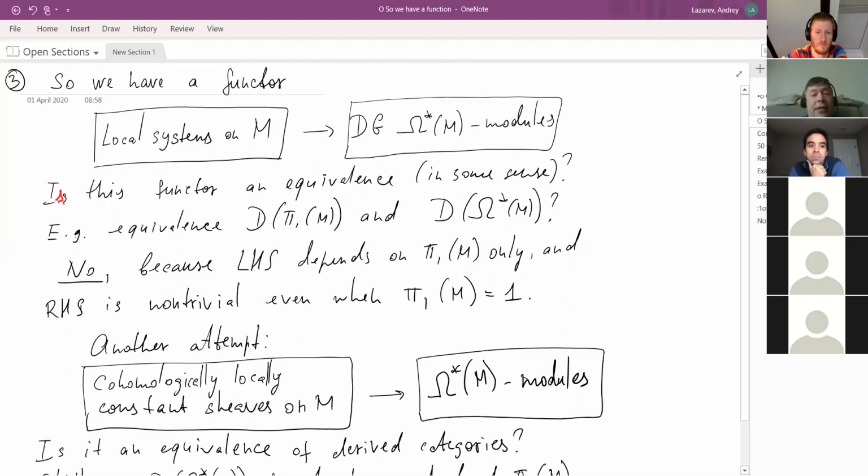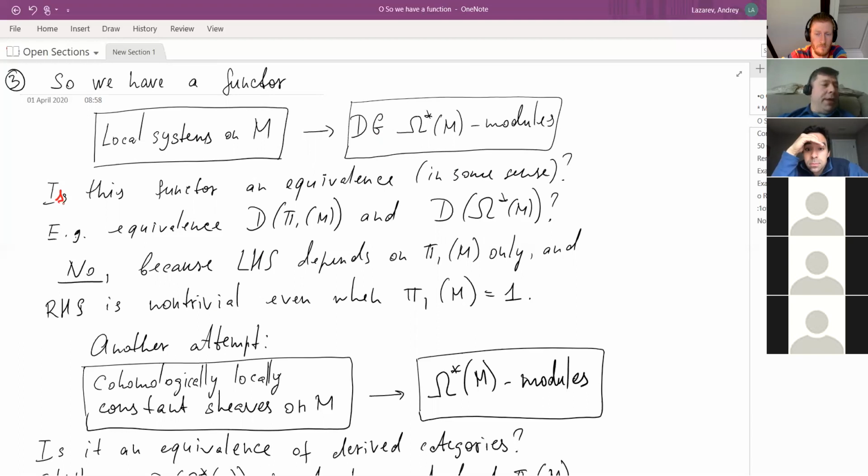Okay. So here's a natural and extremely naive question that one could ask in this context. Is this functor an equivalence of categories in some sense? Now, certainly it couldn't be an equivalence of categories on the nose.